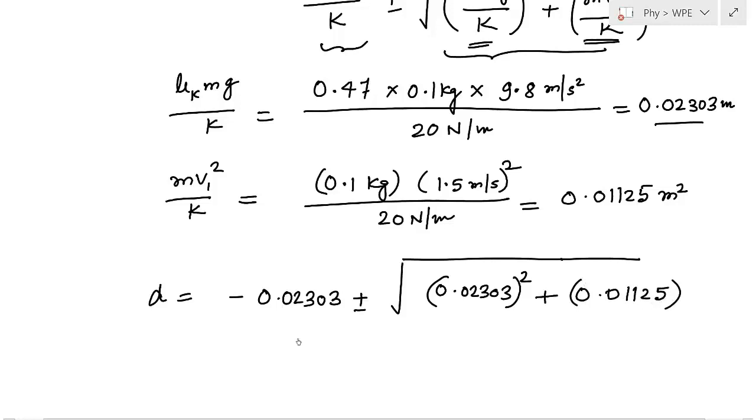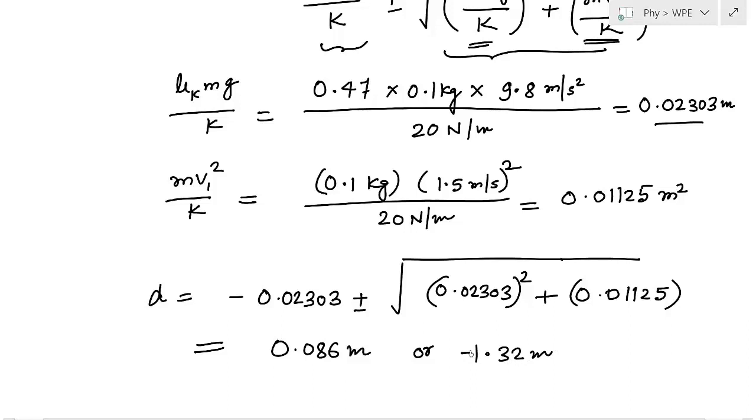Now if you solve, you will find D is equal to 0.086 meter or, this is not 0, this is 1.32 meter with a negative sign.